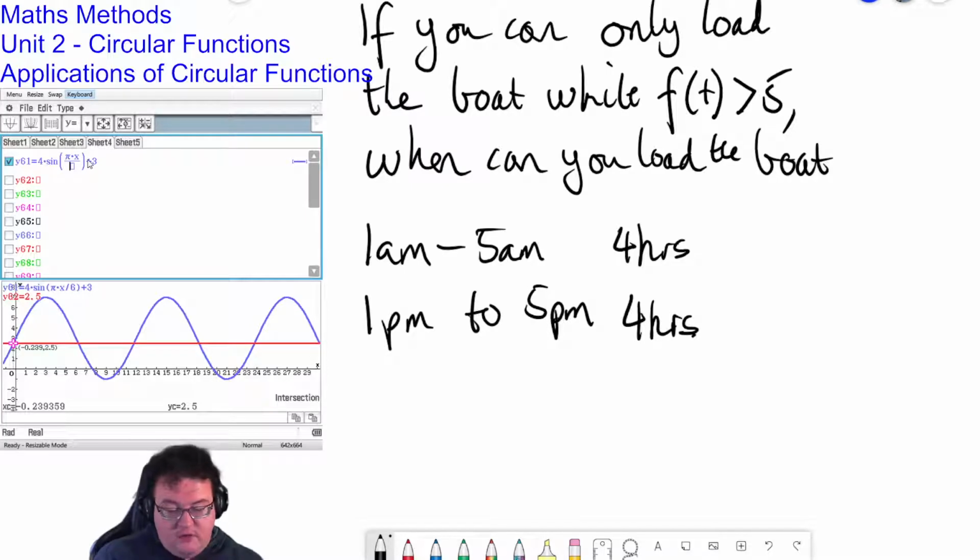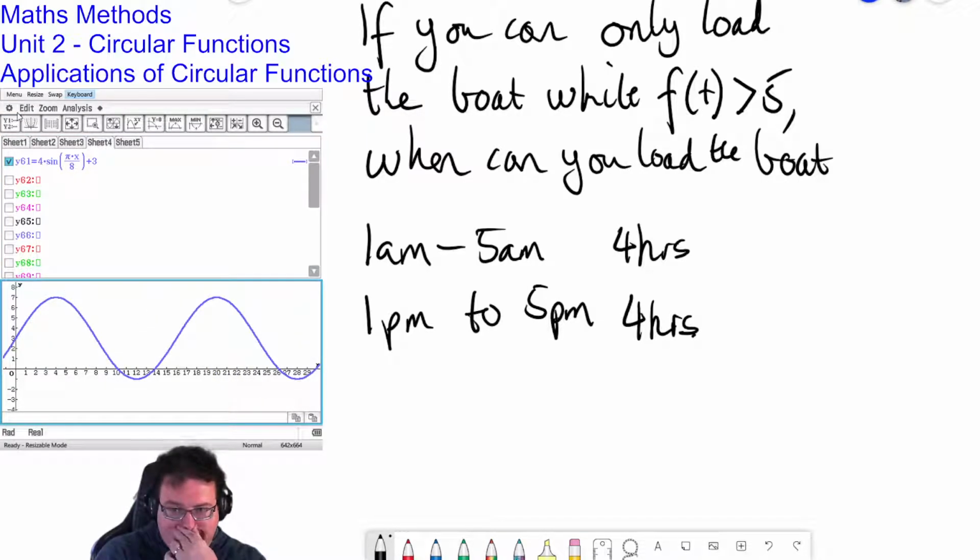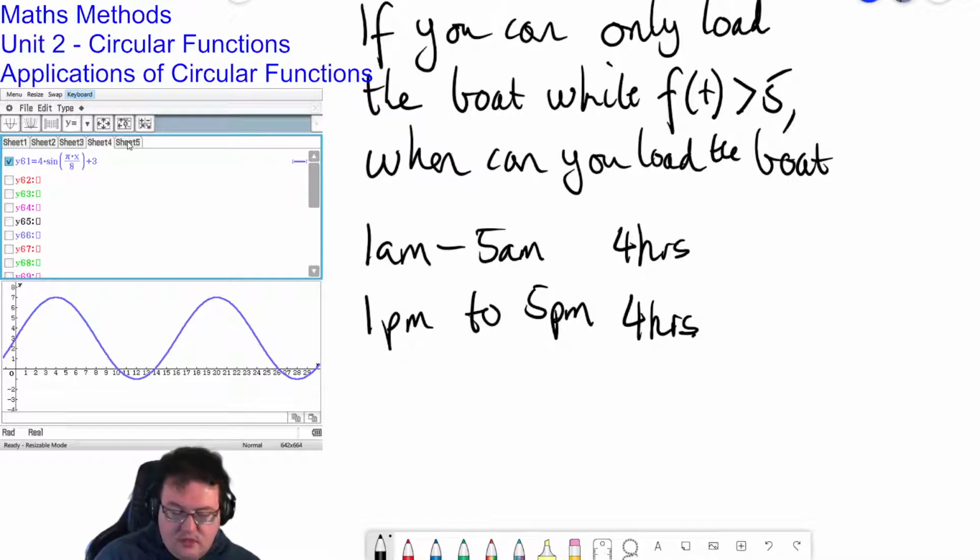Pi on 12 will mean it repeats itself once in a day. But what about if it's something like pi on 8? Or even better, pi on 9.